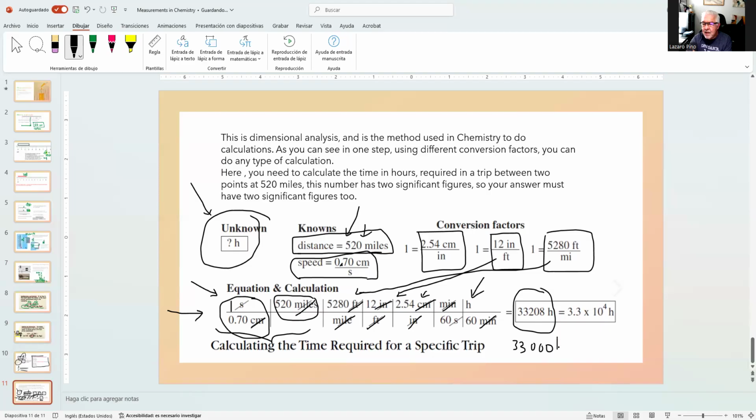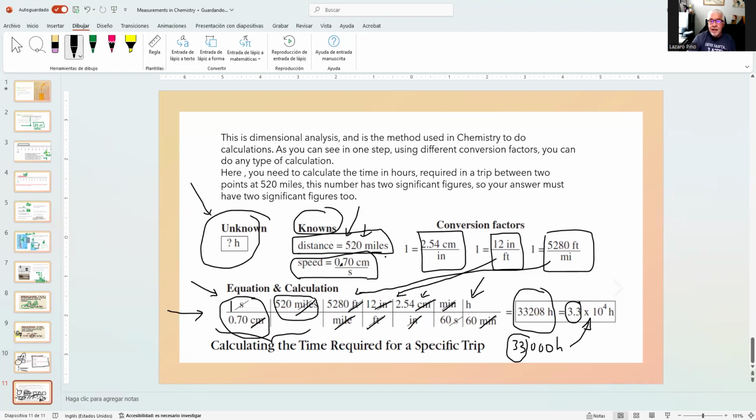And this can be an answer. Or you can convert this number into scientific notation. But in both cases, you have in your answer two significant figures. That is the number of significant figures in the given or known numbers.